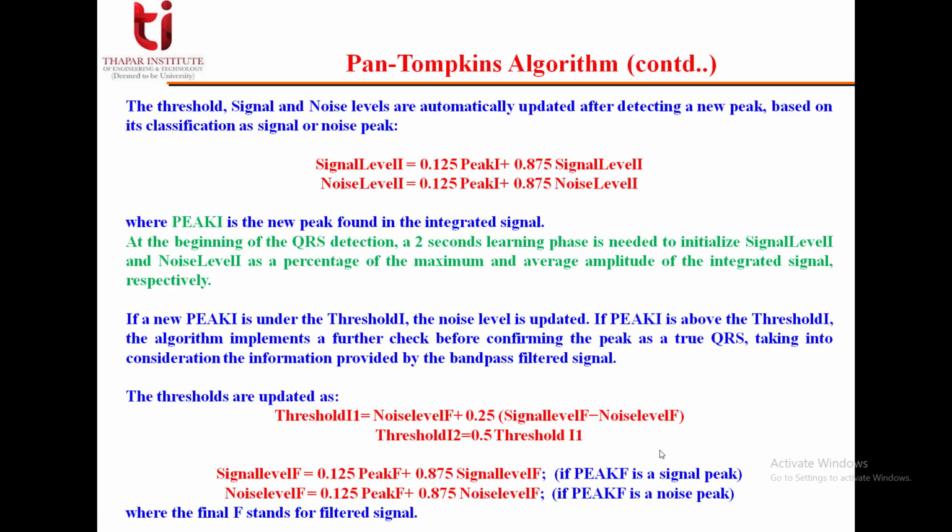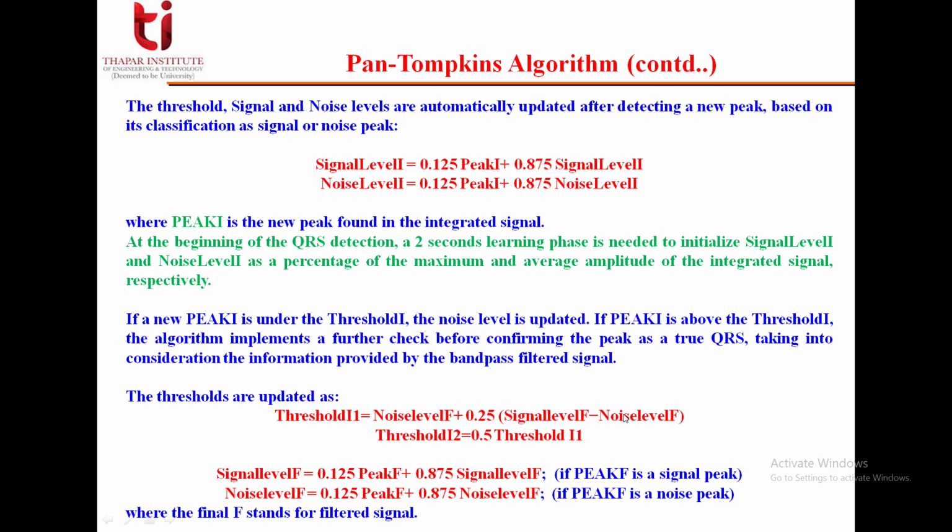Then the threshold and signal and noise levels are automatically updated after detecting a new peak based on its classification, whether it is a signal or a noise peak. Because it is adaptive thresholding, we have to continuously update this threshold as well as the signal and noise levels. So how can we update that?